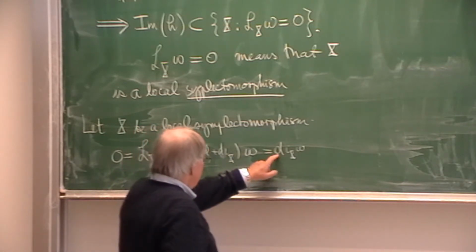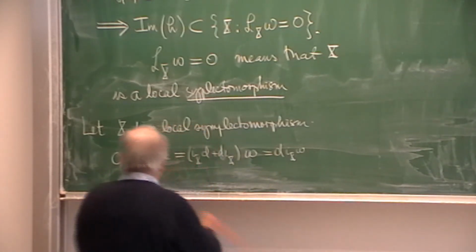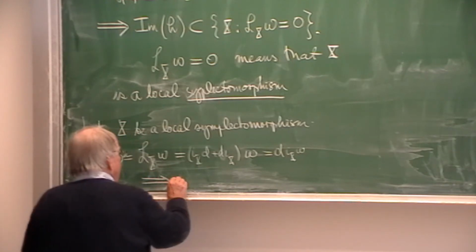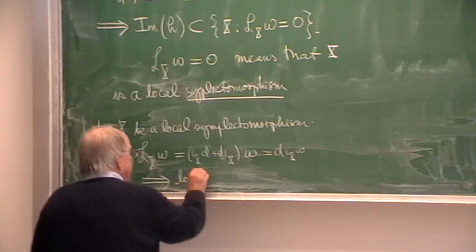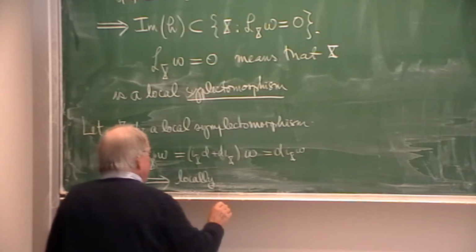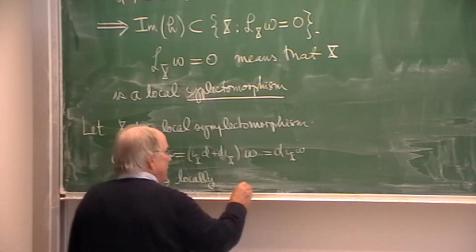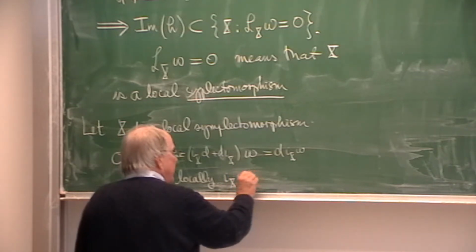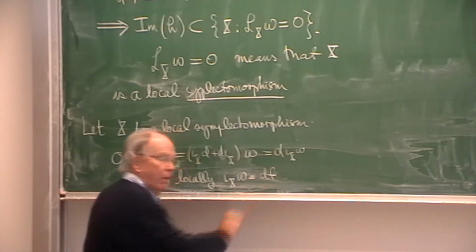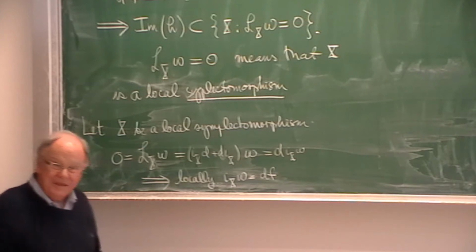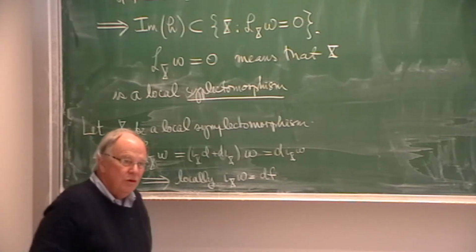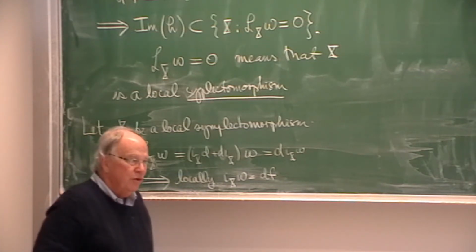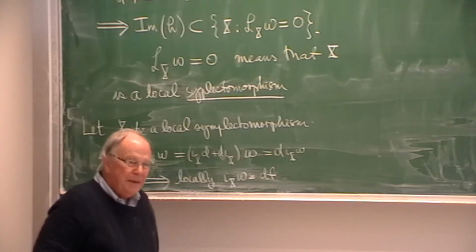But d of it is 0 means that locally, yeah, locally, the contraction of X with omega equals df. Because I hope you know the magical word of another French mathematician named Poincaré.